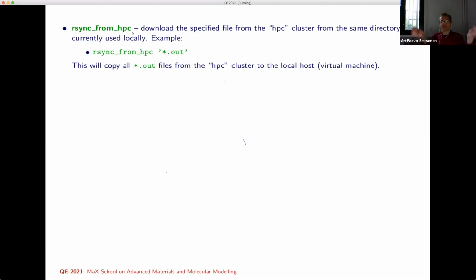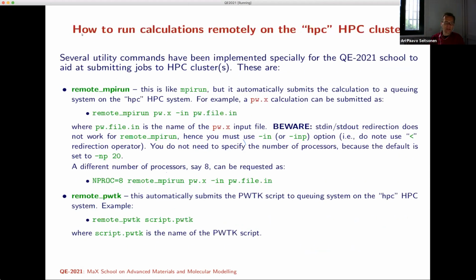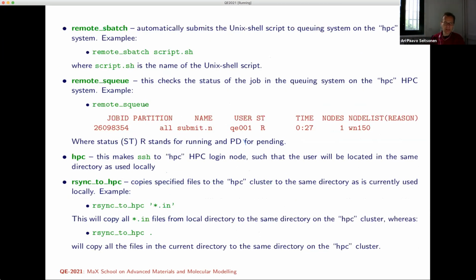This will copy all the files from the cluster to the current directory. So in short, you either execute the remote MPI run or remote PWTK with the corresponding options, and then you check your SQ or the queue to see if the job is still in the queue. Once it has left the queue, you copy all the files.